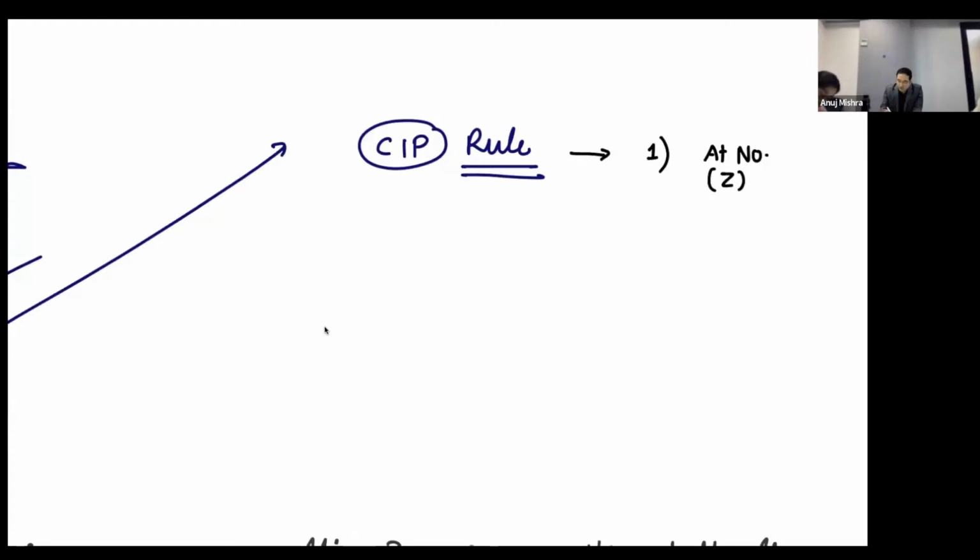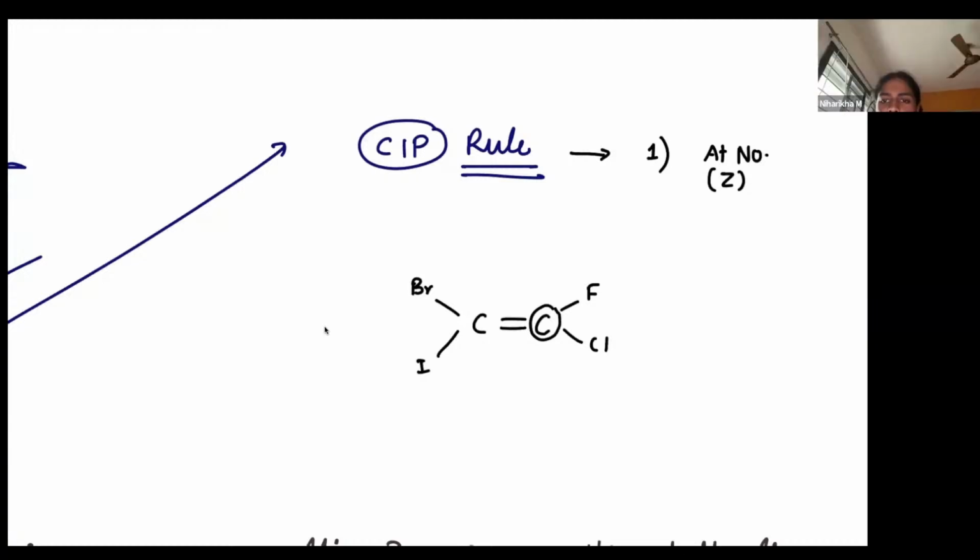So for instance, if you are given on carbon, fluorine, bromine, iodine. So go to a carbon, you have two members, fluorine and fluorine. Which of them has higher atomic number?